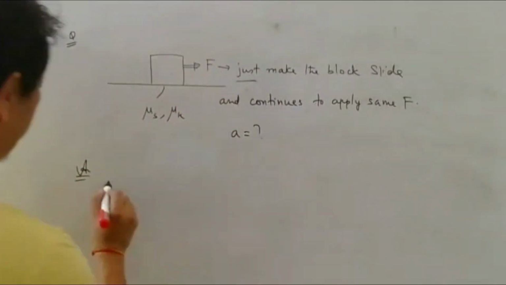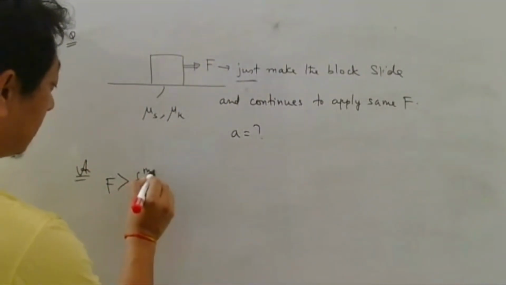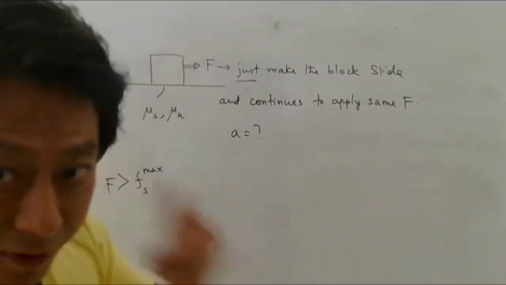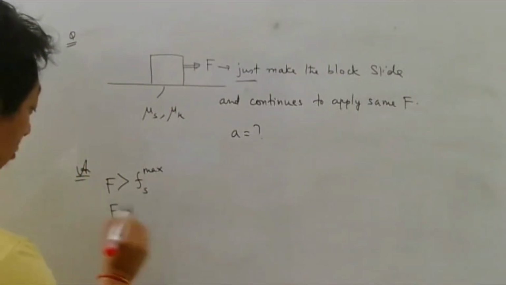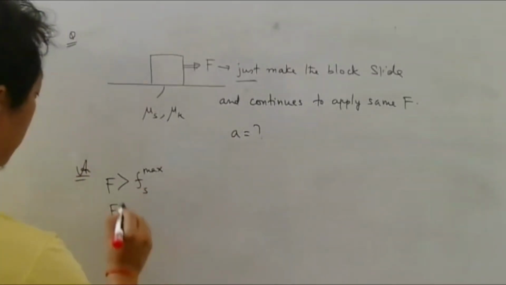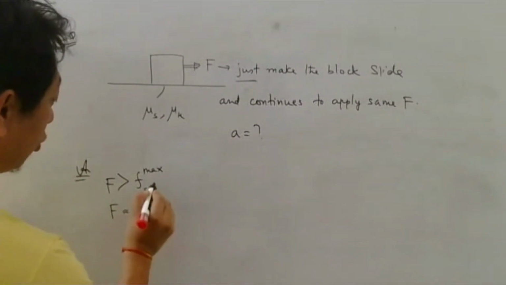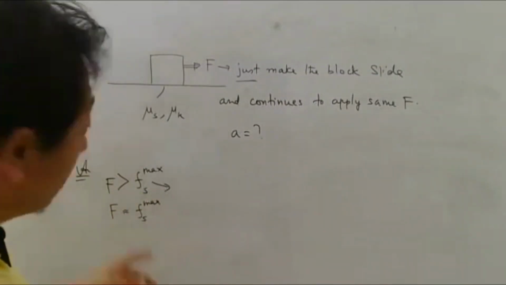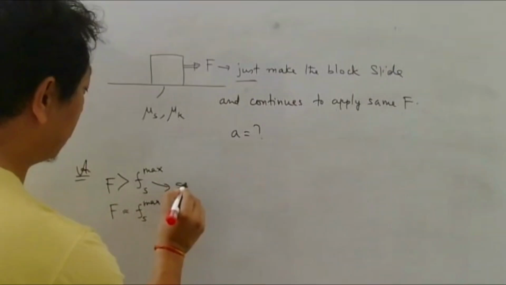When the force is greater than Fs max, then only the body will accelerate, right? That means how much force minimum you need to apply? Fs max only. Let me give you a numerical example. Suppose Fs max is, let's say, 5 Newton.